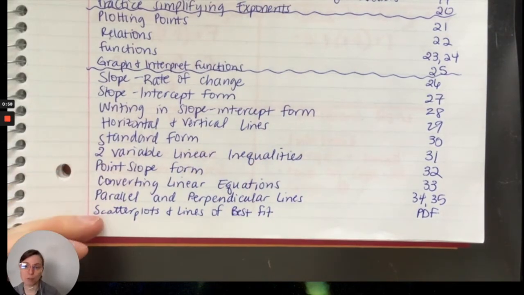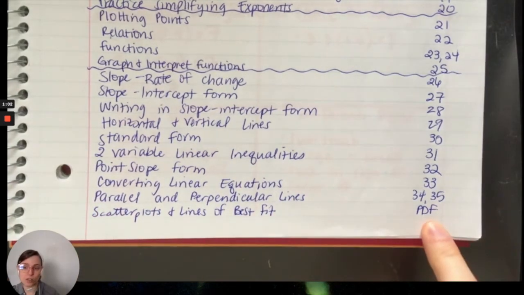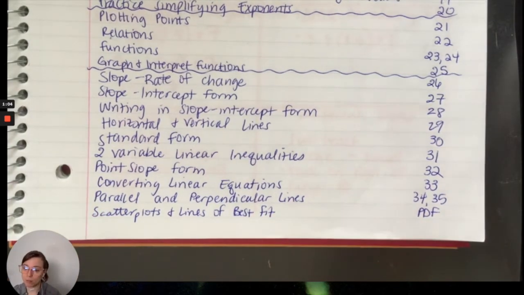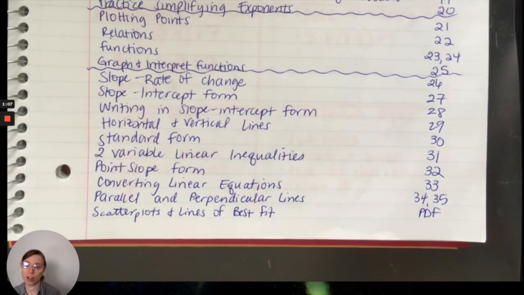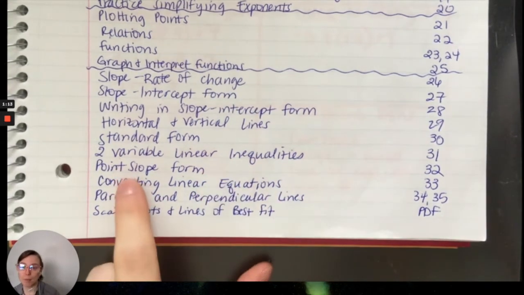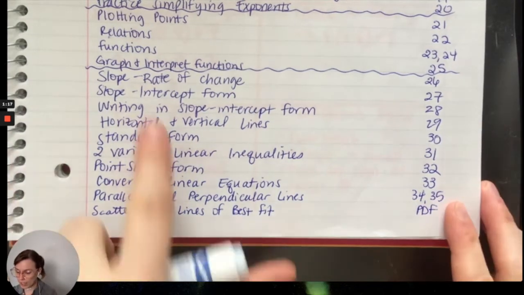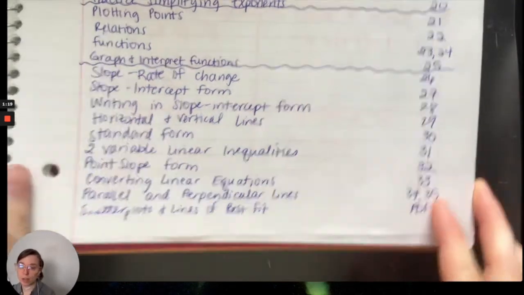And then we'd move on with point slope beyond that. This scatter plots is going to be a PDF, so it will not be in our notes. It would be printed off. I'm going to write on the computer, or at least talk it through for that one. So there is a video, it just won't be in our notebook. Just an FYI, parallel, perpendicular are two different pages, so we will be coming back to that. Today is slope rate of change, so it's page 26.